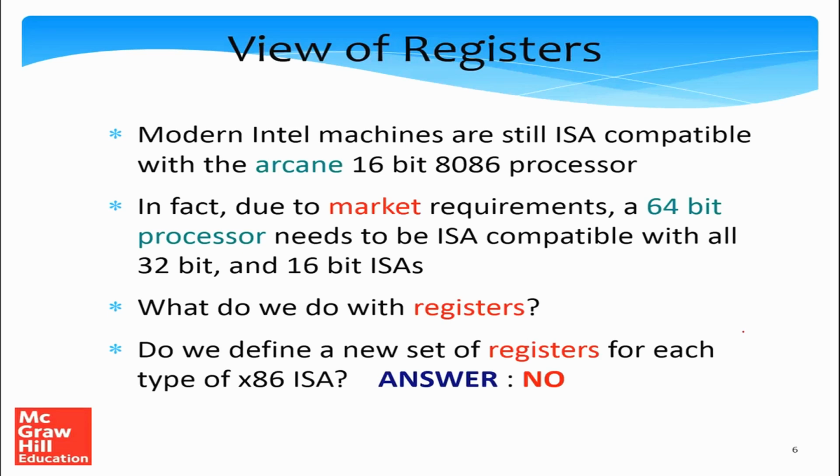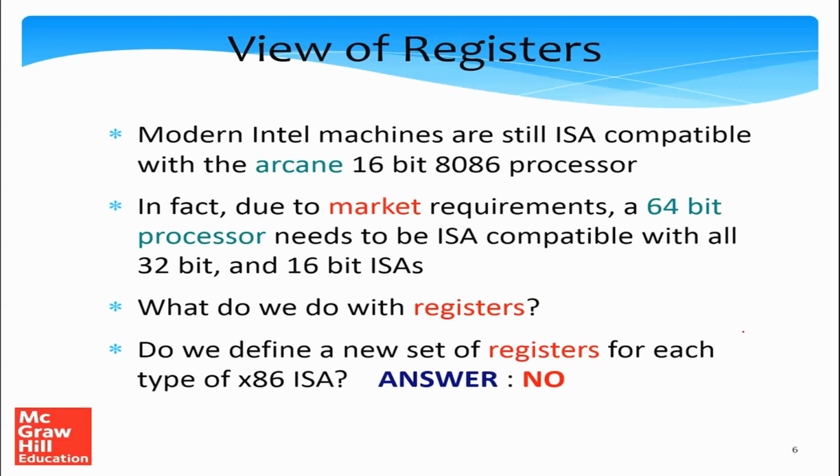So keeping this requirement in mind, both Intel as well as AMD ensure that their latest processors can still run, let's say, a binary which was written 30 years ago. So the question is, what do we do with our set of registers? Do we have a separate set of 16-bit registers, a separate set of 32-bit, and a separate set of 64-bit registers?